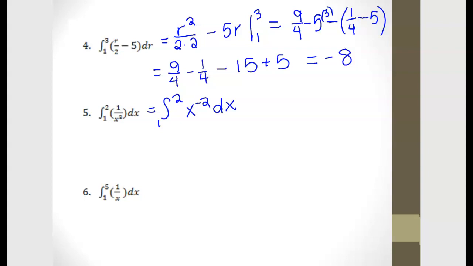And then again, your rule is you add 1. So negative 2 plus 1 becomes negative 1. So you get x to the negative 1. And then we divide by that new power, right? So it's x to the negative 1 over negative 1 from 1 to 2.